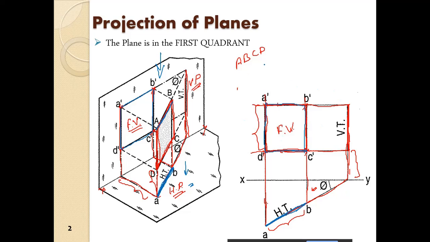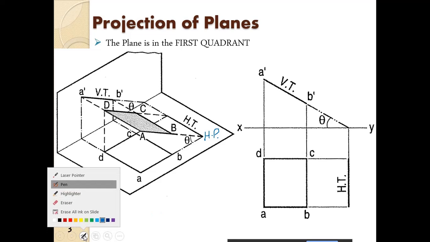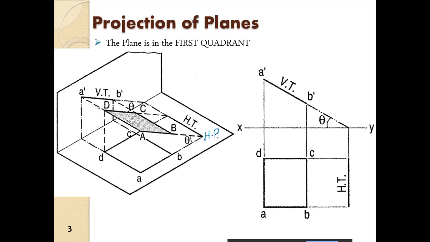So ABCD is a plane which is inclined to the vertical plane and perpendicular to the horizontal plane. Similarly, we have this plane ABCD now which is inclined to the horizontal plane and perpendicular to the vertical plane. First of all, we draw the front view.